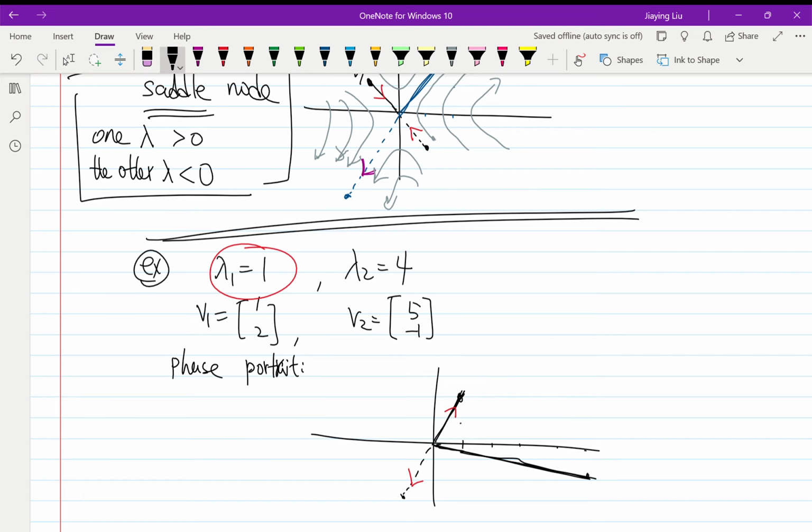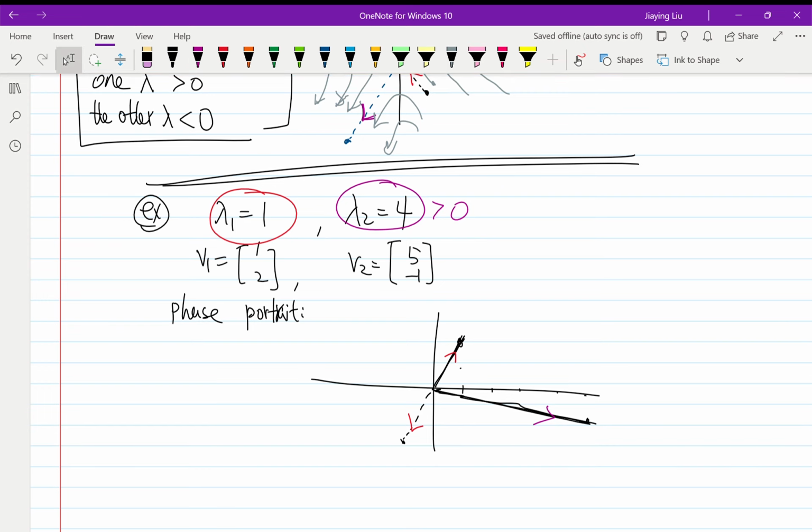That also has a positive eigenvalue, so again it points away from the origin. The reflection also points away from the origin.